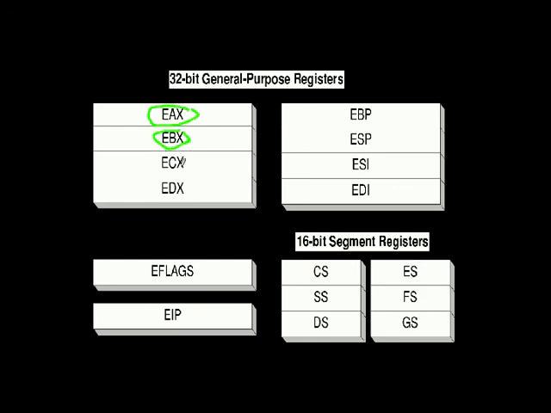ECX, here we use it in looping, a counter. We'll see how to use that when we create loops. EDX is also an extra data register. Usually this one is used for multiplication and division, and we're going to see how that happens.